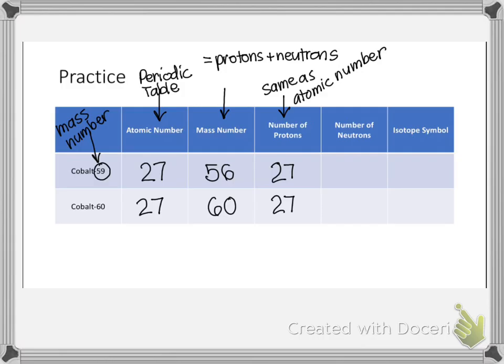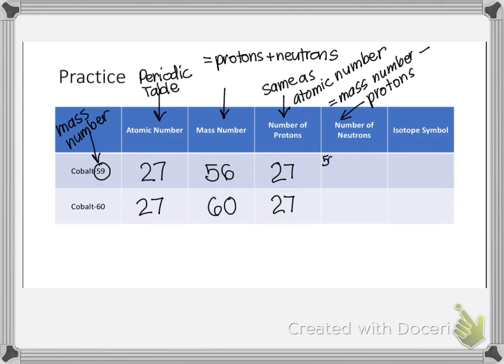Now the number of neutrons is not anywhere on the periodic table, but since we know that the mass number equals protons plus neutrons, if I take the mass number and subtract the protons, then I would have the neutrons.